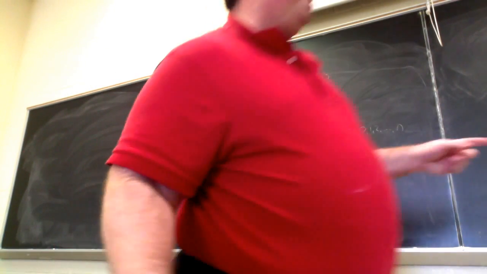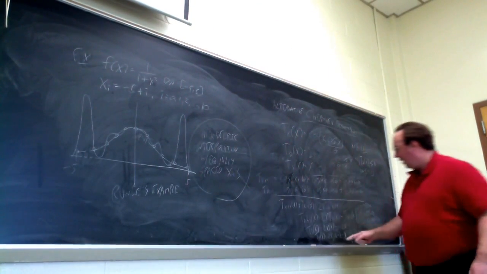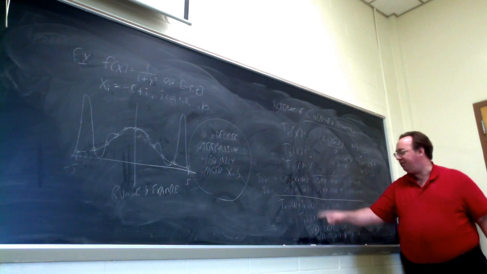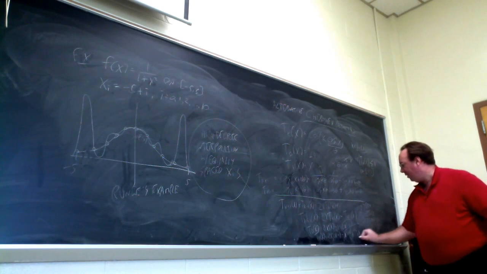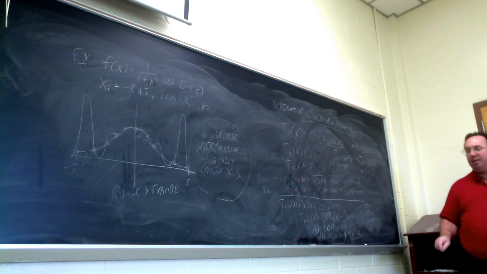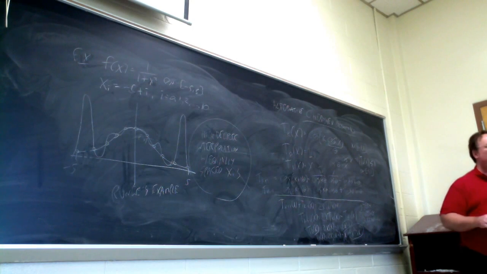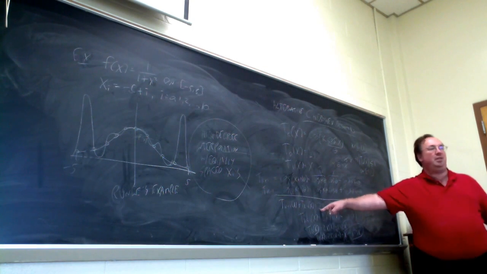If you look back over here, as I compute these, like T1, T2, T3, the leading coefficient of Tk is 2 to the k minus 1. It keeps doubling because of a 2 here.